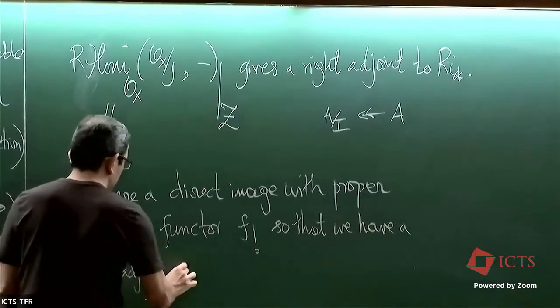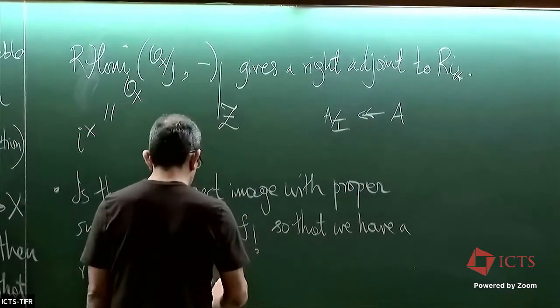So why can't we have a right adjoint to RF lower star?